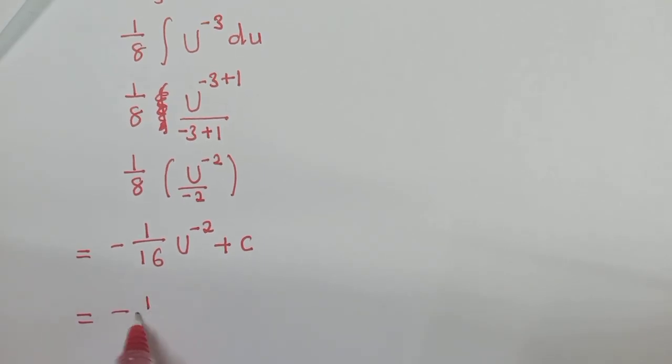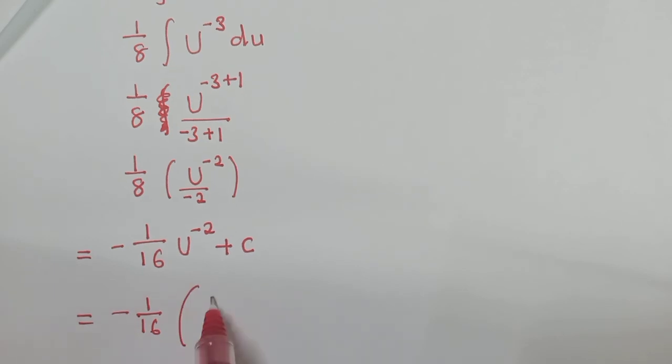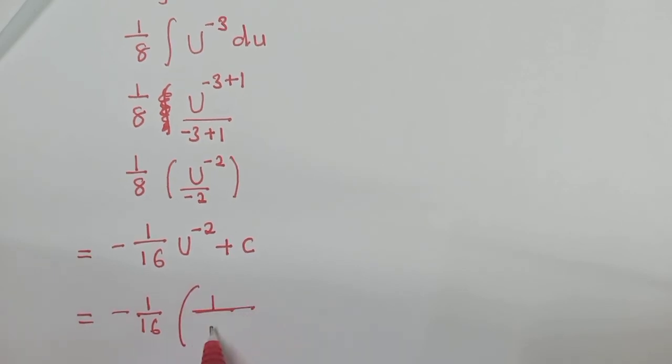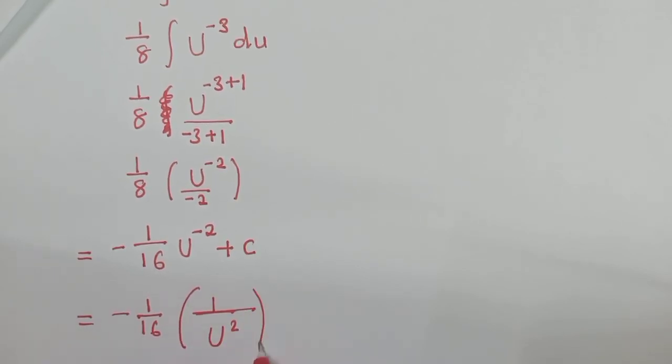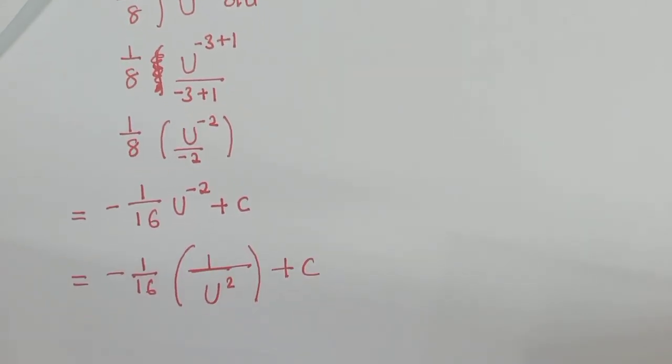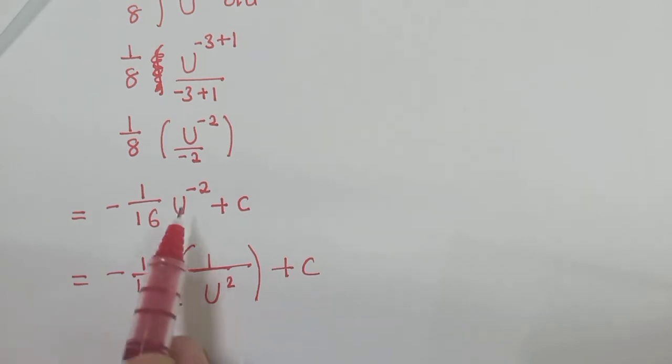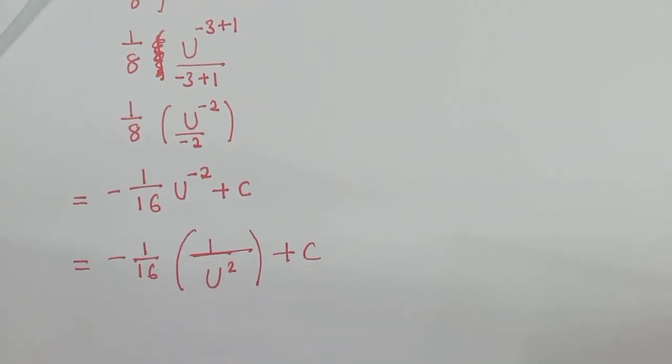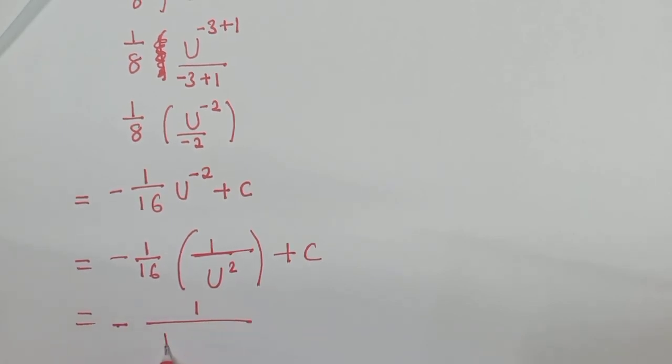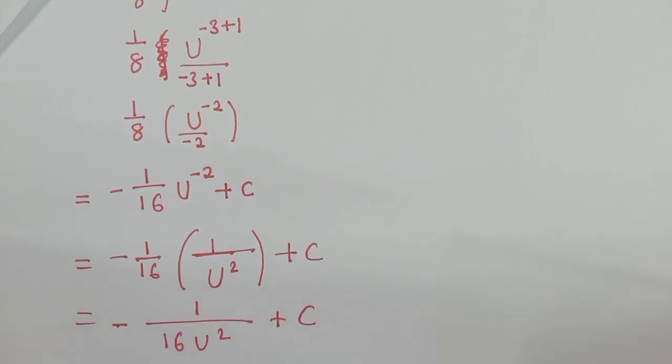This can be written nicely like this: negative 1 over 16. Hopefully you're following what is happening here. So the laws of indices have brought it down. So this will just be negative 1 over 16 u power 2 plus c.